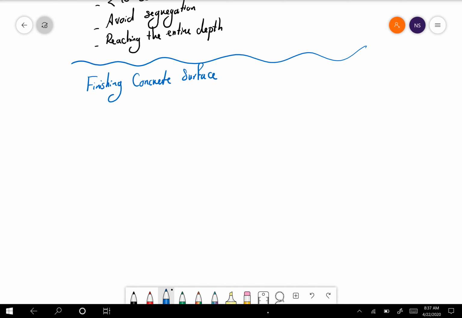And that includes the process of smoothing the surface with the desired texture.